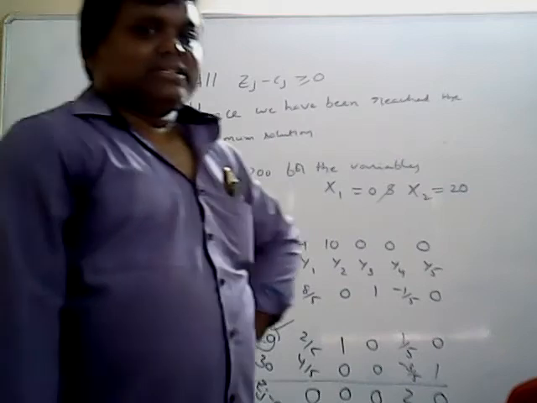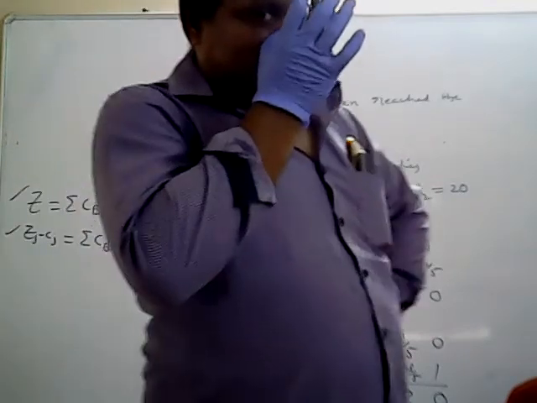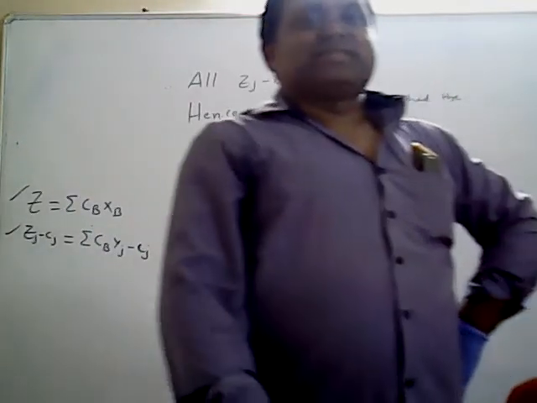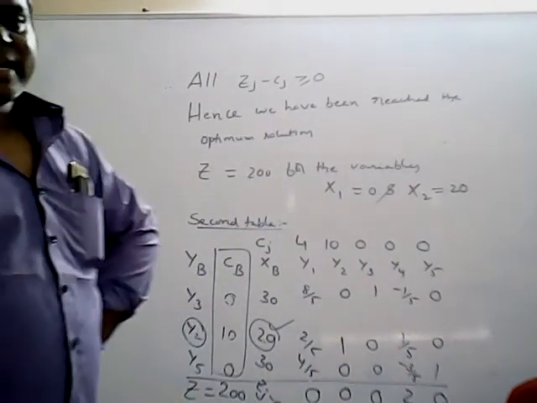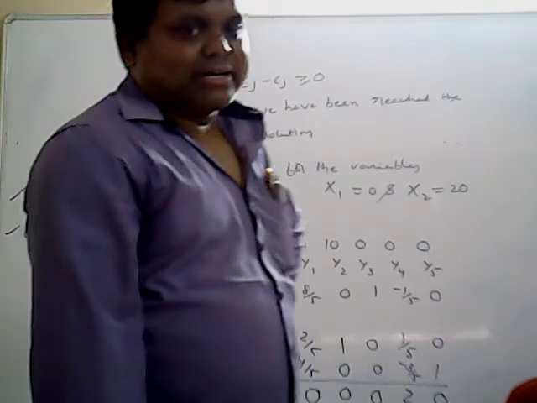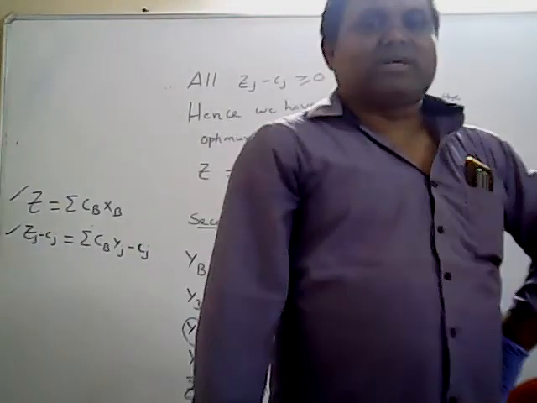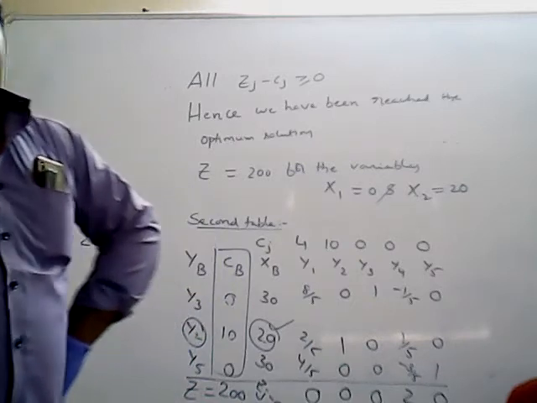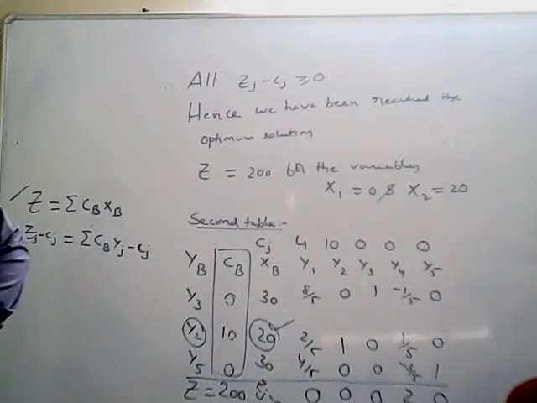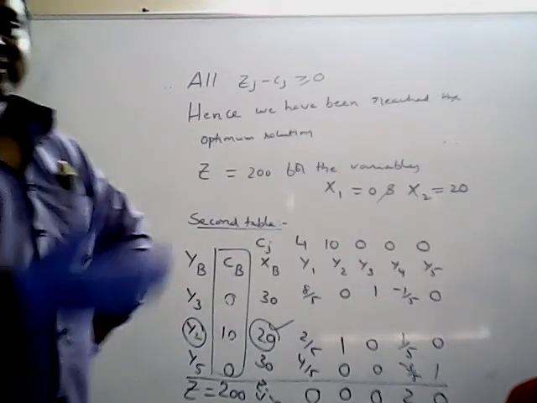Step number 3: convert the given LPP into standard form by introducing slack variables, because all the constraints are of less than or equal type. So you require only slack variables. Three slack variables are required: x3, x4, x5, greater than or equal to 0, and put the cost of these variables as 0 in the objective function. Then you will get the first table.